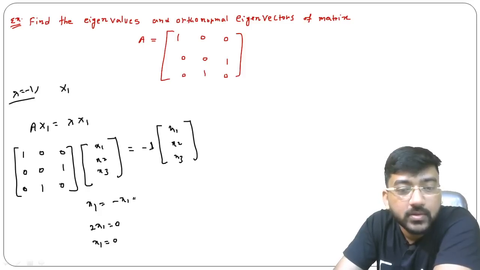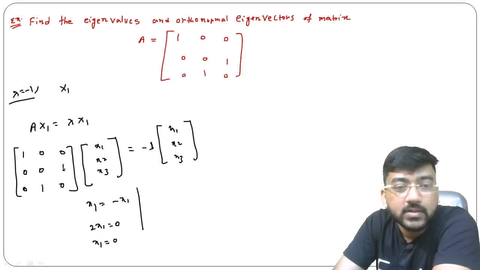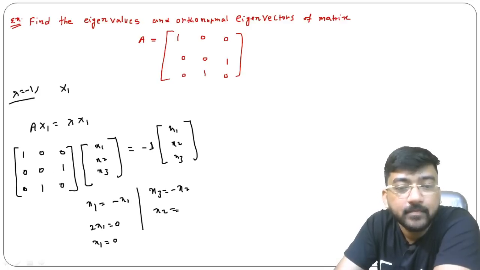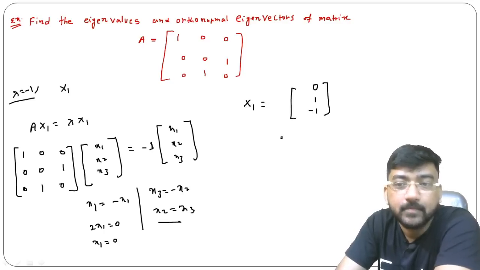So your x1 will be 0, and you can see from here your x3 will be minus x2, and your x2 will be x3. So again what you will get is 0, 1 and minus 1.